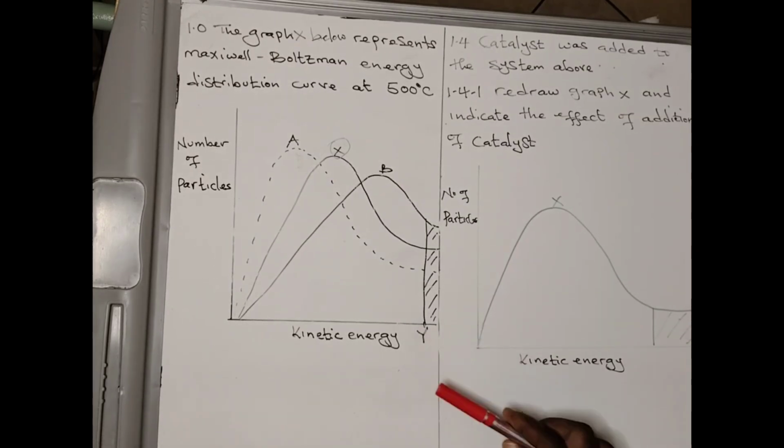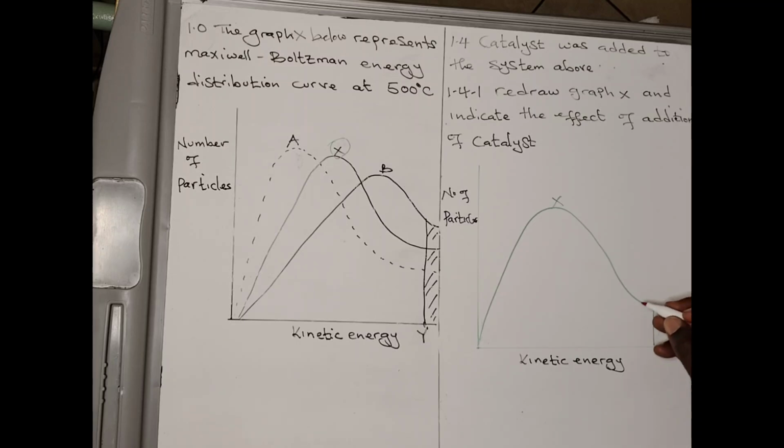So this is the sketch of our graph X. So how do we indicate the effect of addition of catalyst? We indicate it by shifting this energy here. Remember, it was here.